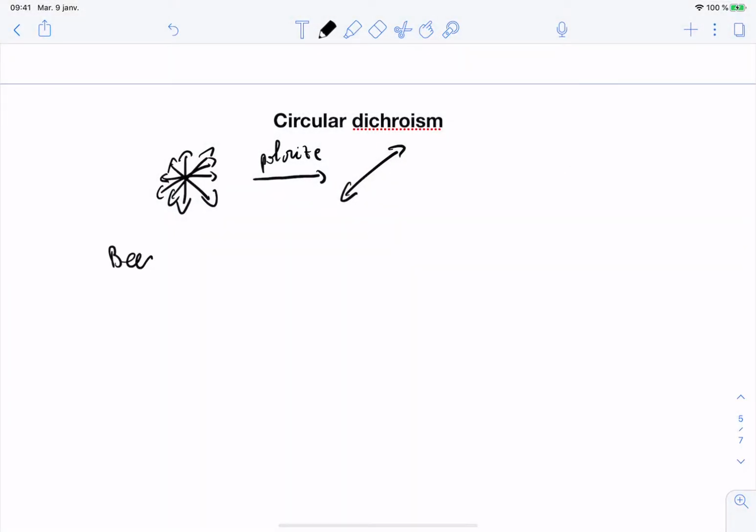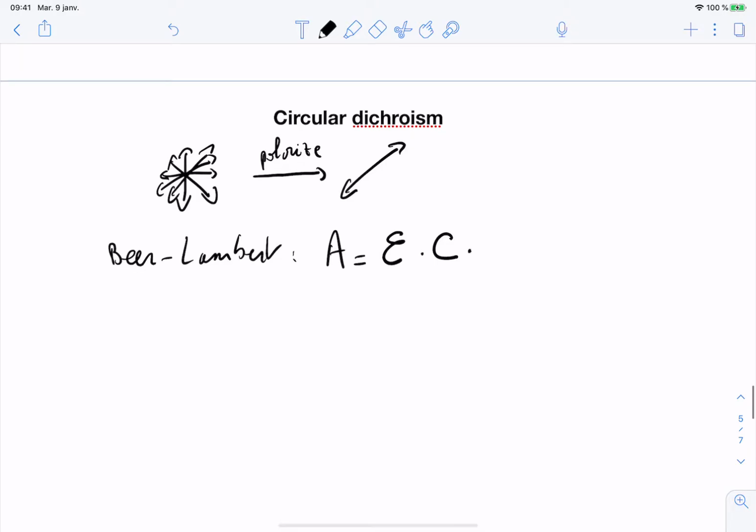In fact, the Beer-Lambert law says that the absorbance of a sample is equal to a constant that is characteristic of the sample, which is called the molar extinction coefficient, times the concentration of the molecule in solution times the length of the optical path. So here you have a cell. In this cell you have a solution with, for instance, proteins in solution.